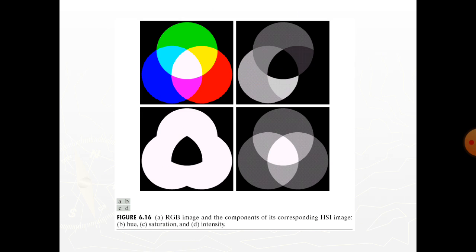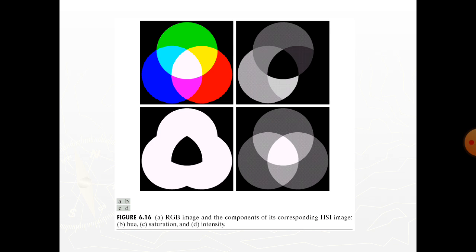Recall from the discussion in the above section that the gray level values in the hue figure correspond to angles. For example, because red corresponds to 0 degrees, the red region in this figure is mapped to a black region in the hue image. Figure C corresponds to saturation, and the gray levels in figure D are average intensities.